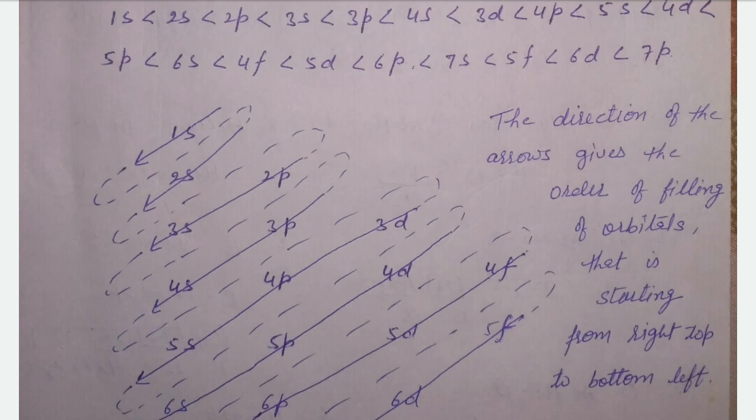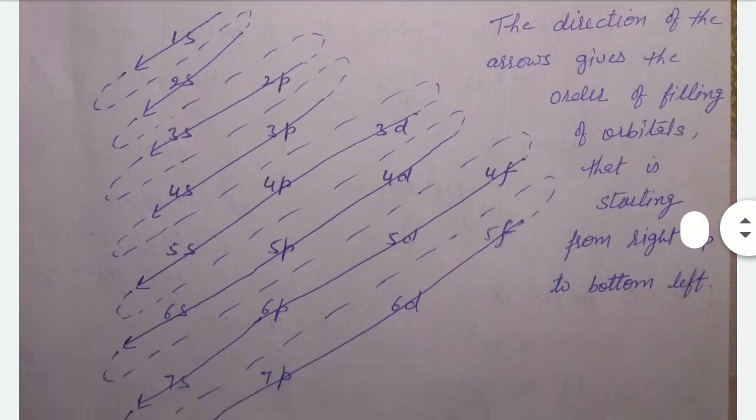The direction of the arrow gives the order of filling of orbitals, starting from top right to bottom left. It means the first electron enters 1s, then the next electron enters 2s, then 2p and 3s.